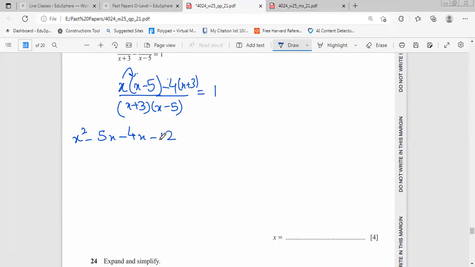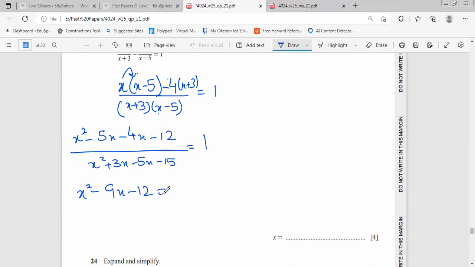And in the denominator, we can write x squared plus 3x minus 5x minus 15 equals 1. So x squared minus 9x minus 12 equals the whole denominator multiplied with 1. So it's x squared, and I have simplified it to minus 2x minus 15.